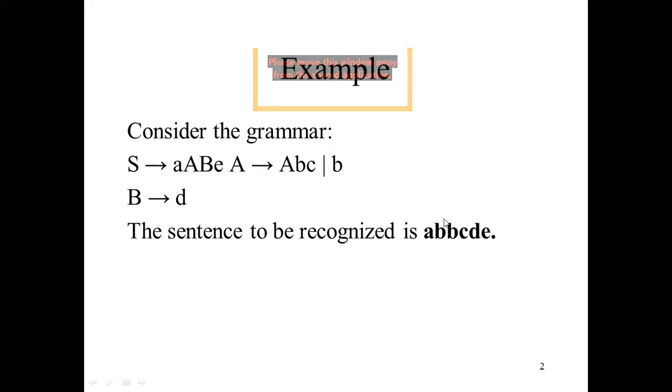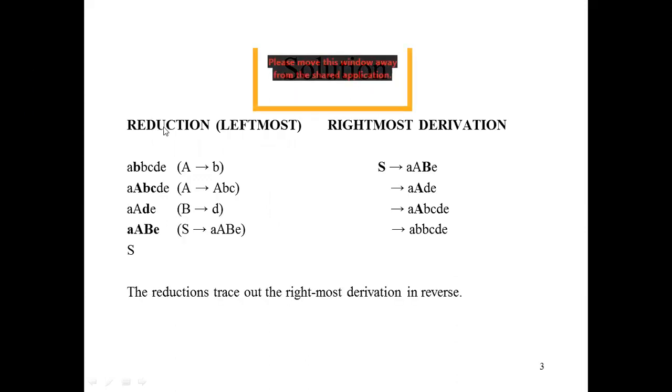So this is the big string, and we want to reduce it up to capital S. Now see in the next slide, we are going to reduce a, b, b, c, d, e, which is already given. We want to achieve capital S, and capital S is given as small a, capital B, small e.